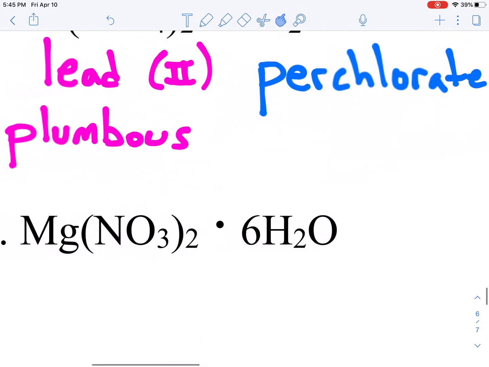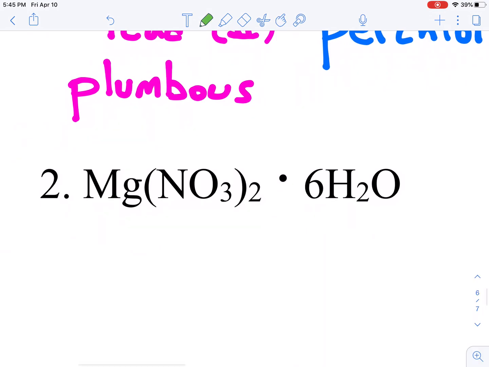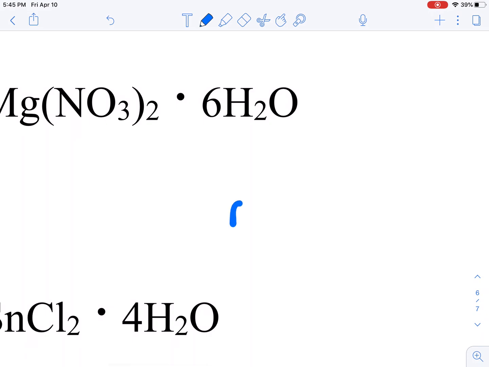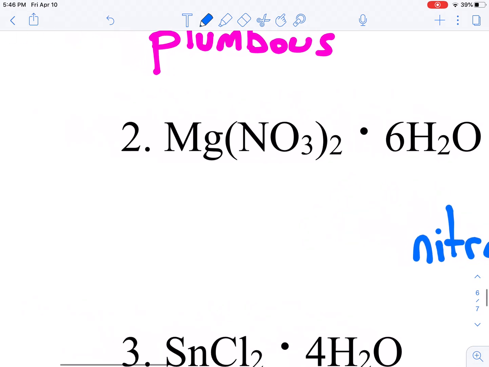Looking at number 2, let's name the anion first. So the anion is NO3. NO3 is on our list. NO3 is simply nitrate. Ask ourselves, does this cation require Roman numerals? No, Mg is always a +2, so we can simply name it as magnesium.